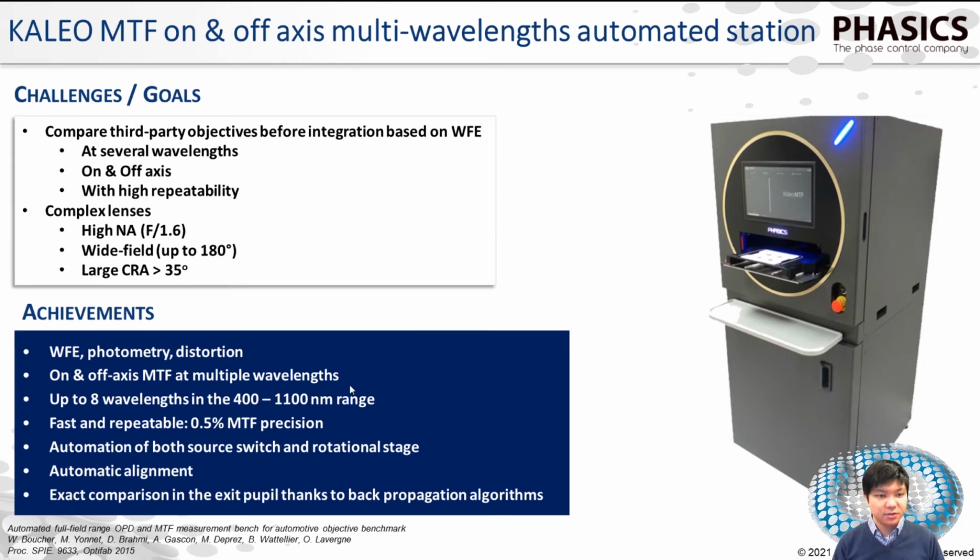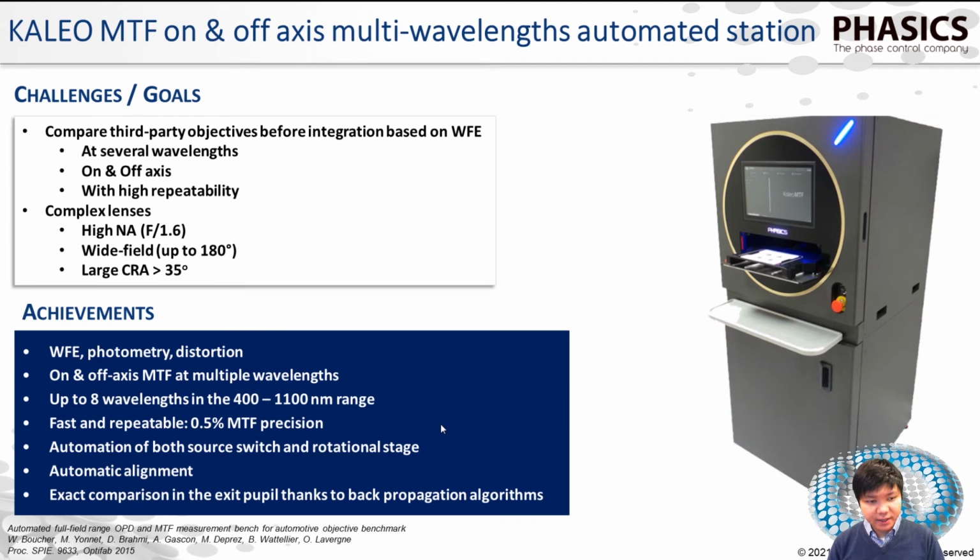So we test, of course, on and off axis. We test at different wavelengths that you can choose, up to 8 in the middle, but also in the near infrared, which is quite trendy at the moment. We do all this with a high accuracy, so we have here 0.5% MTF precision on axis, but it goes only up to 0.7 for the whole field of view.